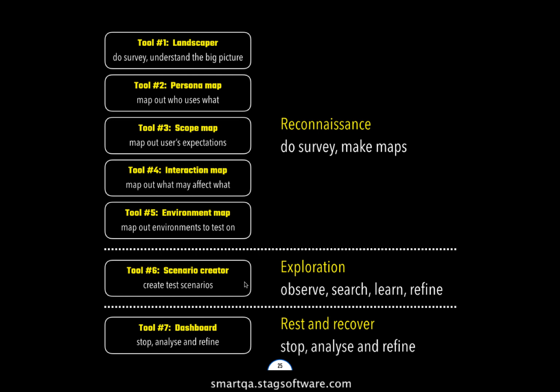To do that, we end up creating scenarios using the scenario creator. And while doing so, we're constantly observing, learning, and refining. And periodically we take stops to rest and recover, to analyze and refine, done using the last tool, the dashboard.